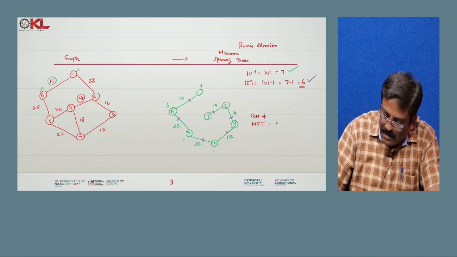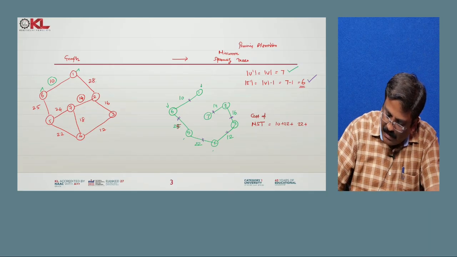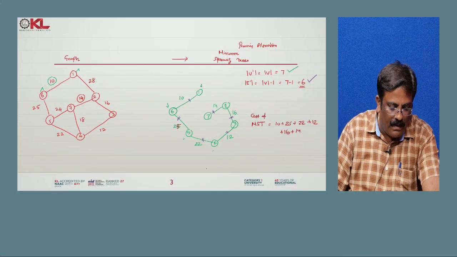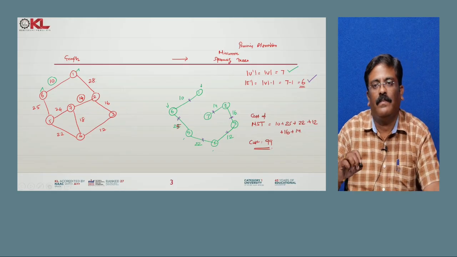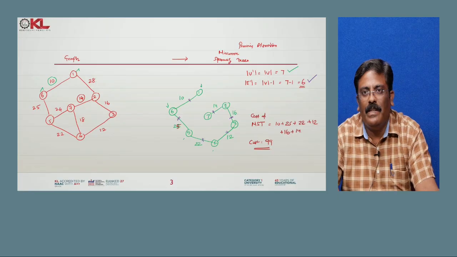It's 10 plus 22 plus, oh, not 22, this is 25, right, this is 25, okay. So 10 plus 25 plus 22 plus 12 plus 16 plus 14 will be the total. So we can say that the cost is equal to 99. That is what it says, and this is the procedure followed by Prim's algorithm.